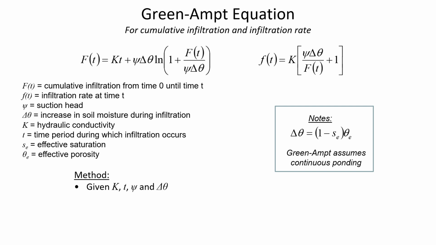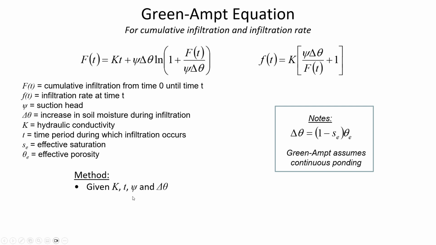So in the example that we're going to work in just a minute, we're going to start off with knowing the hydraulic conductivity of the soil. So K is just a physical constant. It's length per time for a soil, and that'll tell us how quickly the water could penetrate through due to the effect of gravity. We'll know from time 0 up to a given time in question. So T will be the increment that we're interested in.